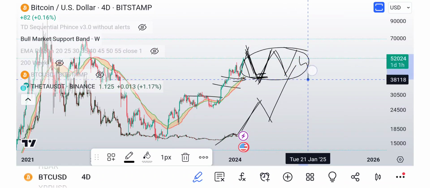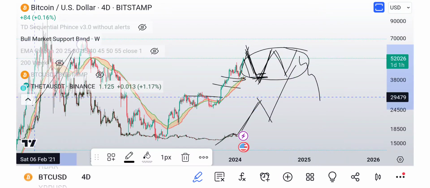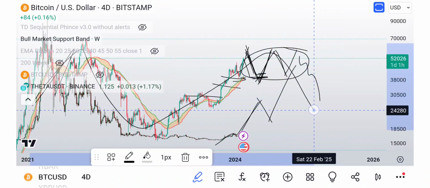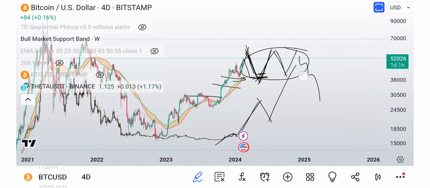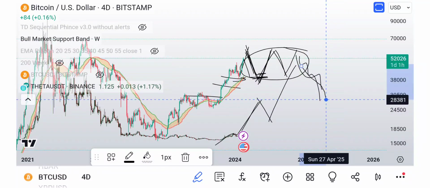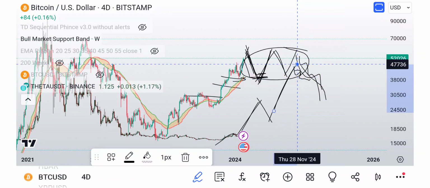Then Bitcoin breaks down and goes into a reaccumulation. So rise, crash, retrace, reaccumulation, sideways, right? So as it breaks down, that's when Theta starts to also. It's already made its retracement. It's already at $4, $5, $6, $7, $8, we don't know.